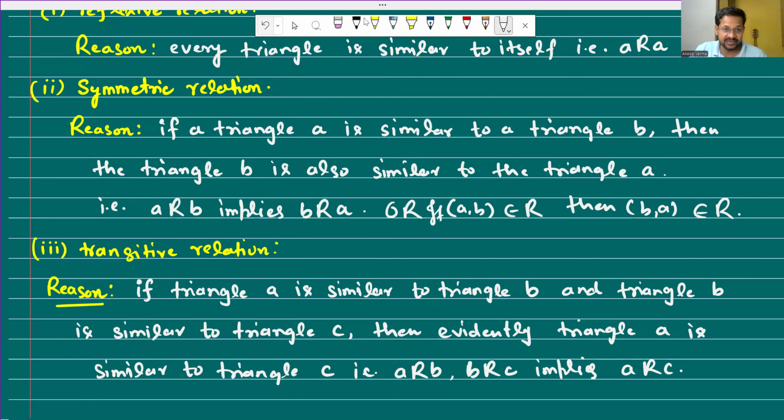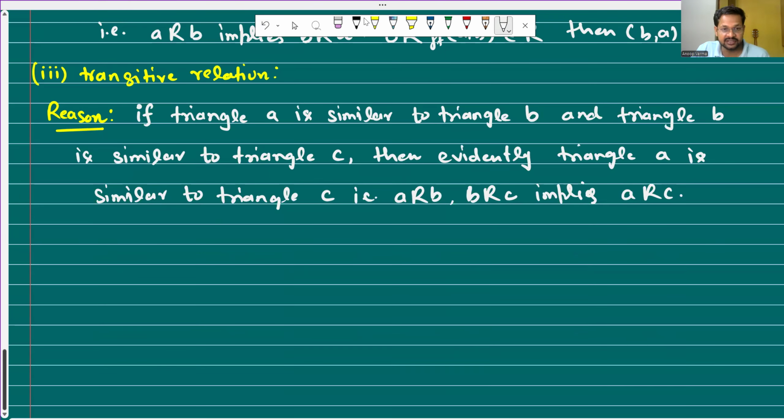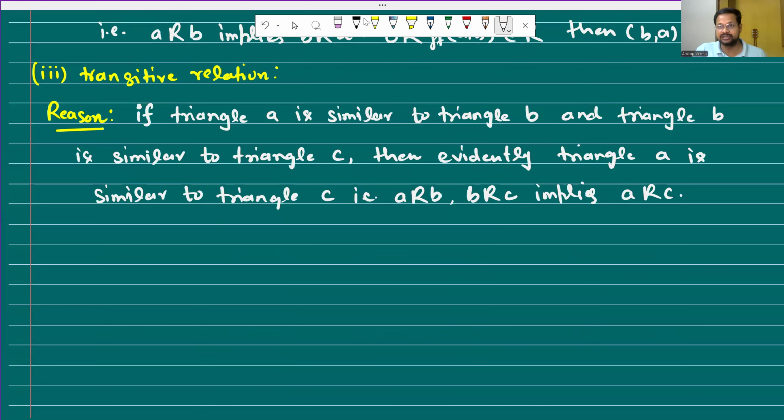So similarity of triangles is a reflexive, symmetric and transitive relation.